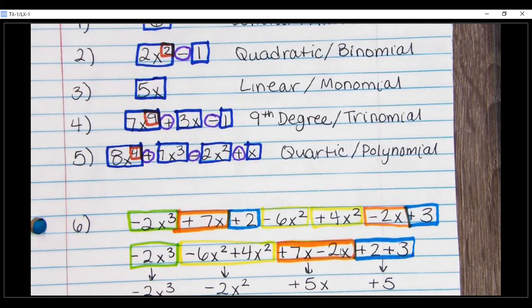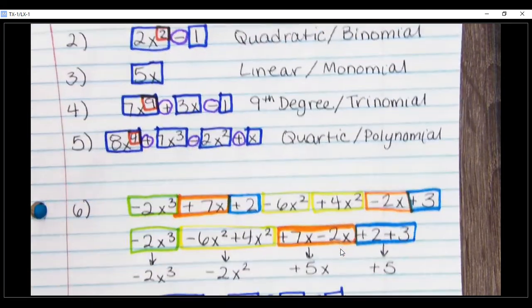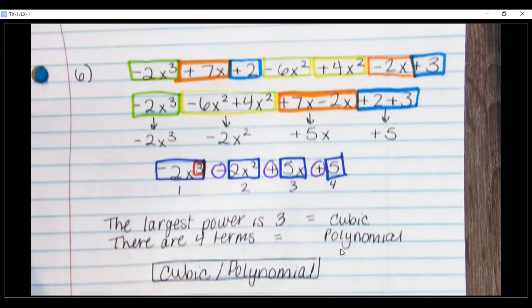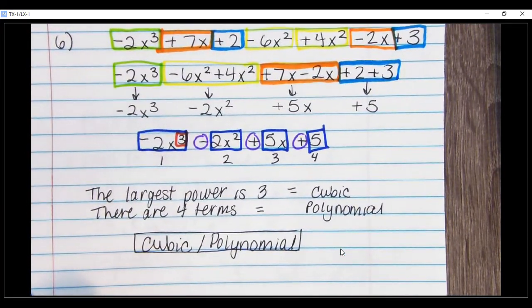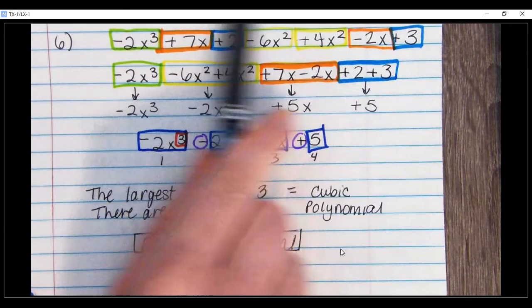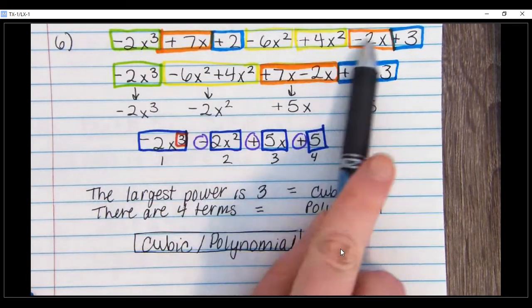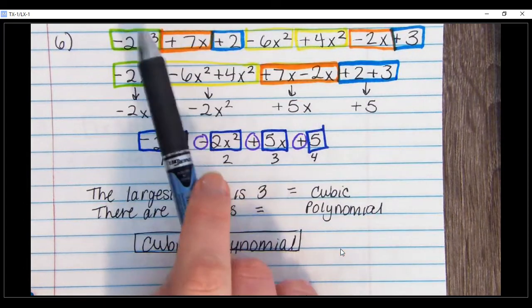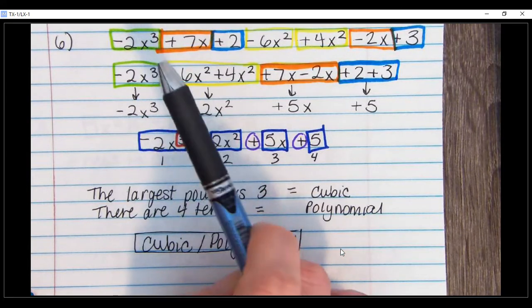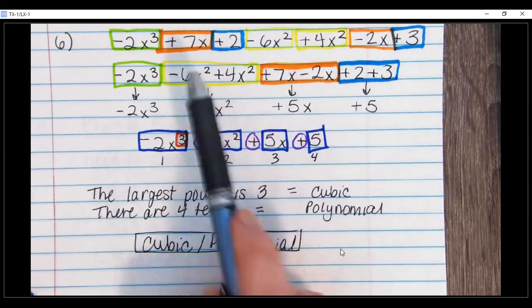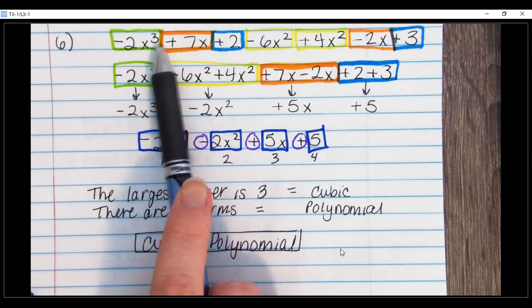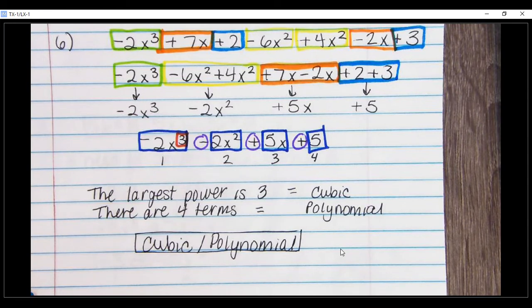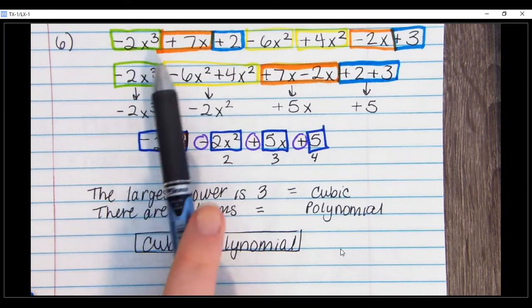And then our last example, I really wanted to show you what the process is in order to get to that name if you have not combined like terms. So taking a look at this right up here, if I gave you this as an equation and you were told to identify what it is, you will be able to find the largest power right away. That's fine. However, you are not able to tell me how many terms there are.